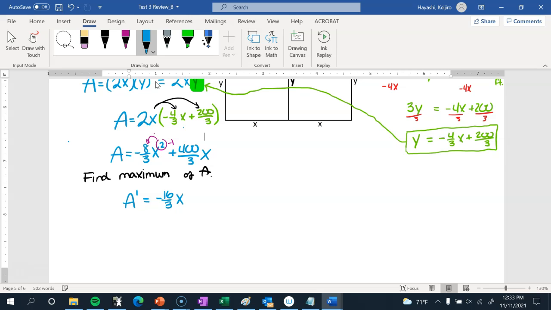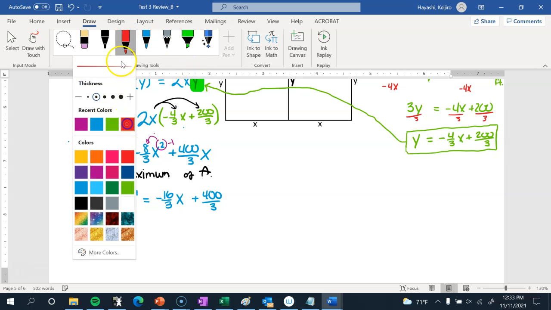And the derivative of 400/3 x, well, the derivative of any constant multiple times x will just be that constant multiple. The derivative of 2x is 2, the derivative of 10x is 10, the derivative of 400/3 x is 400/3. So that's A prime.